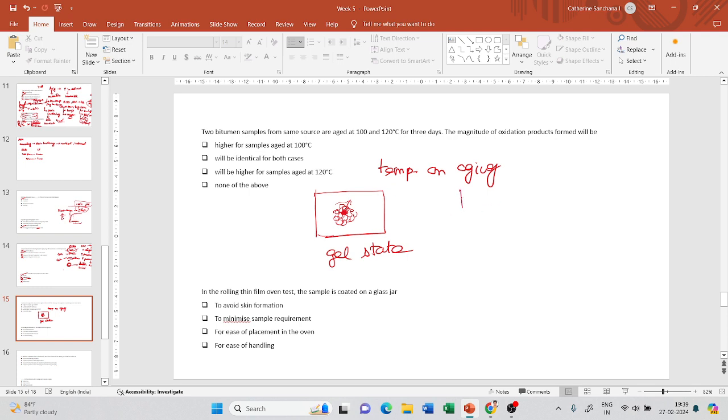And at high temperatures it exists in a solid state where the micelles will be dispersed. This is the solid state at high temperatures.